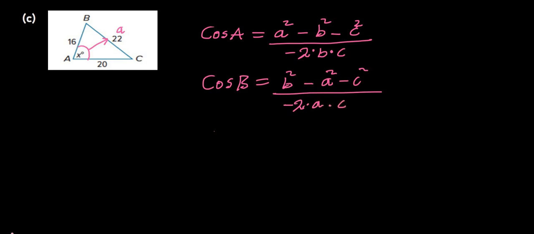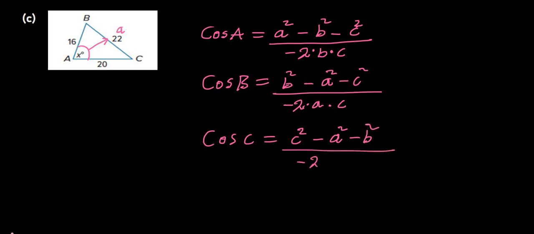And if you are looking for the uppercase C, then the lowercase c squared minus a squared minus b squared over negative 2 times a times b. So these are the useful formulas you can apply when dealing with the angles.